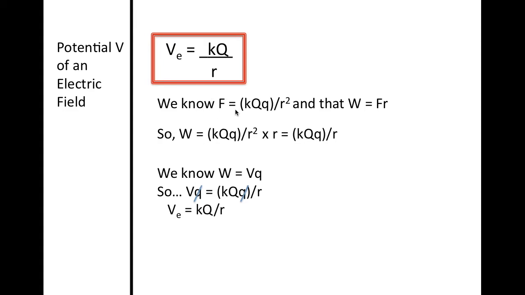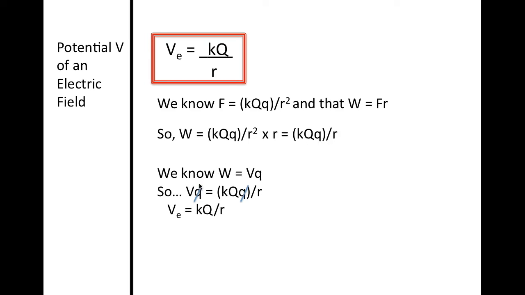We know that F equals k times charge 1 times charge 2 divided by r squared. And we also know that work equals force times some amount of distance. So we get W equals k times charge 1 times charge 2 divided by r squared times r, and the r's would cross out and we're left with k charge 1 times charge 2 divided by r.